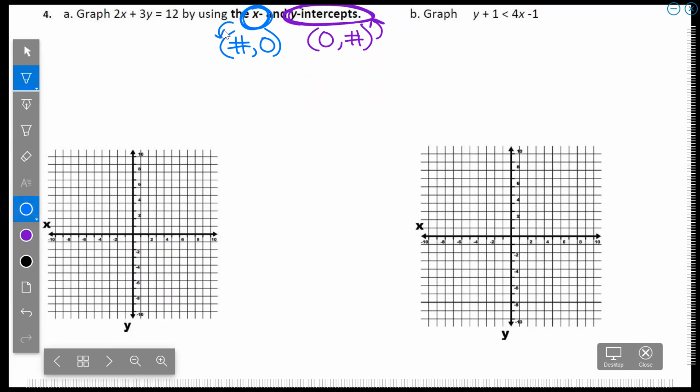So to find my x and y intercepts, I'm going to use what I know about the way the ordered pair has to be written. For the x-intercept, which piece has to be 0? The y part. So I'm going to go to my equation. And for the y, I'm going to put in a 0.